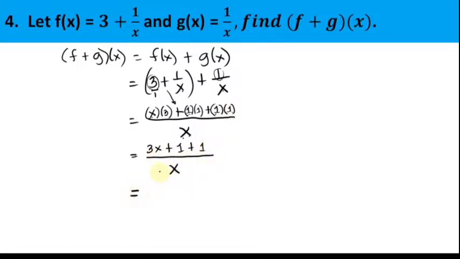Then simplify. So 3x plus 1 plus 1, that is 2 over x. So this is our final answer.